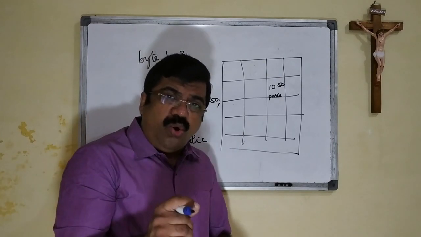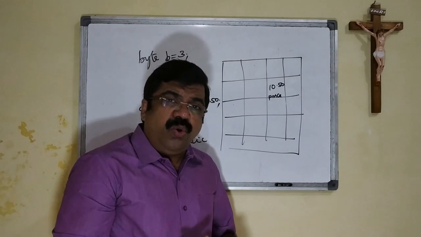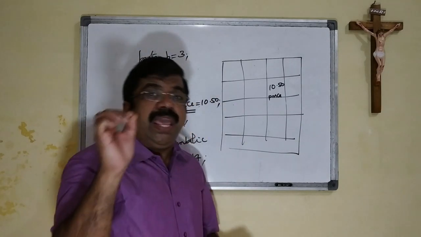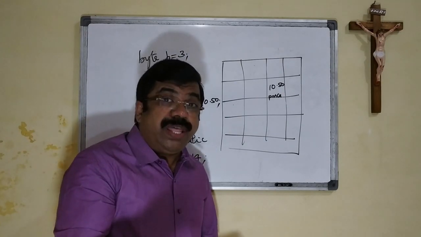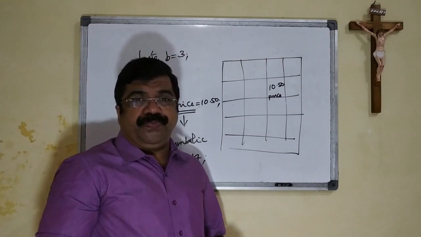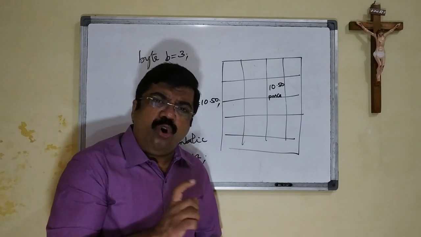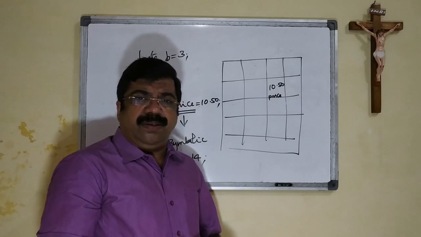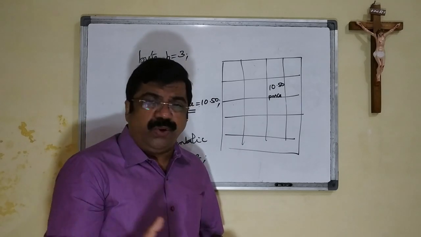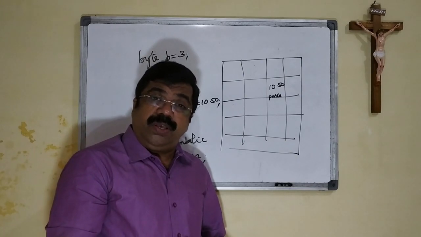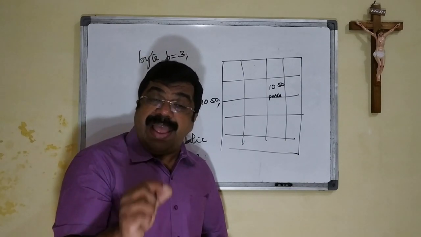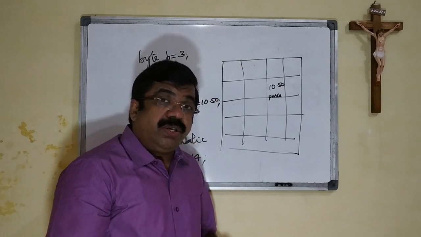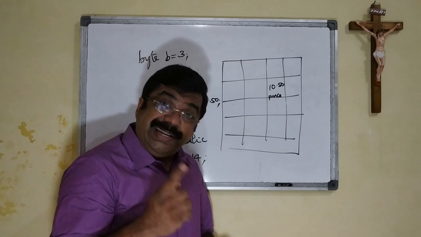So in order to store a particular value, we have to decide what data type should be used. That depends on the nature of the value. Suppose normal fractional numbers are to be stored, then we can go for float. Suppose we have fractional numbers with more decimal places, then we have to go for double.